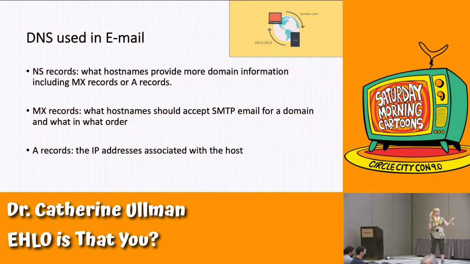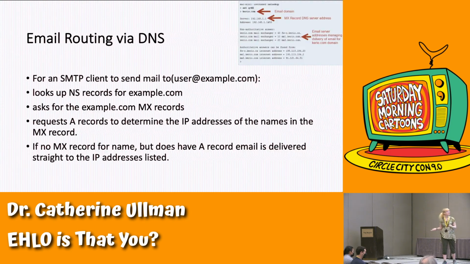Now, as I mentioned, the A records are going to be the IP associated with the host. So here's how this works. It says, I want to send something to user@example.com. It's going to look for the NS record. Once it knows this is the information about the domain, it's going to query and say, well, what MX records? Where's the mail server?